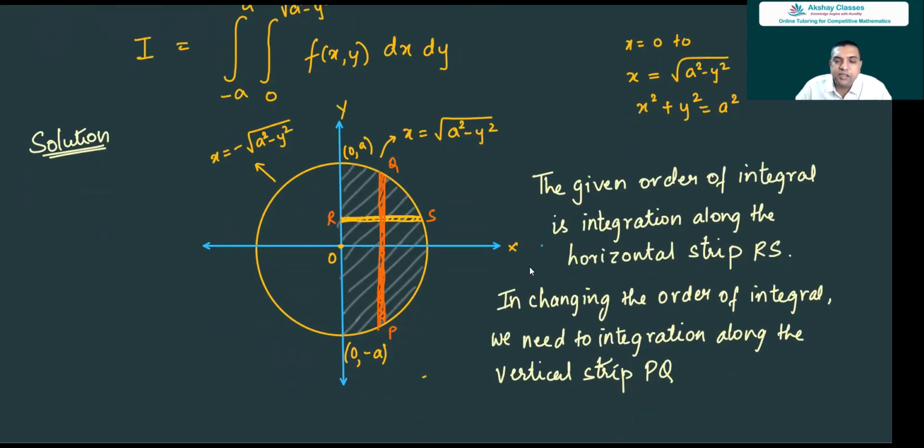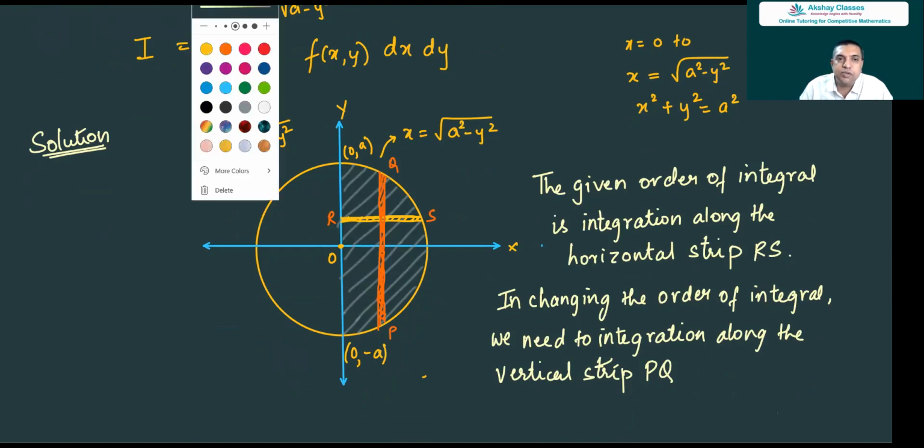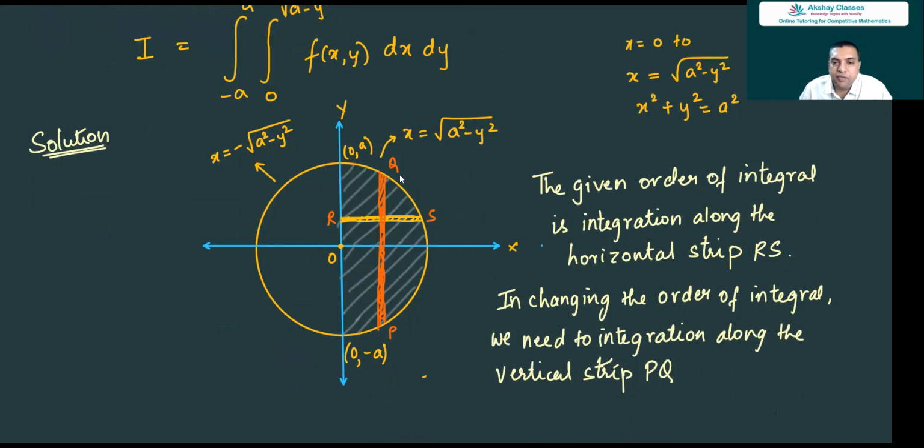PQ means y goes from some function of x to some function of x. So here y is plus root of a square minus x square, since x square plus y square equals a square.